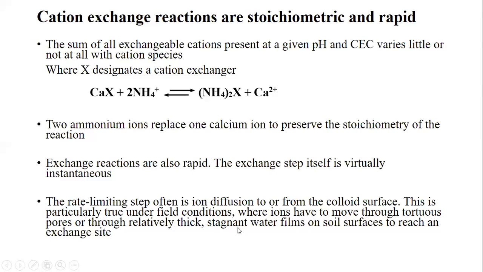Stagnant, that means they're not moving. They're there. They're attracted to the surface of the colloid. And of course, this ion that's going to the surface of the colloid has to penetrate that water, which is as a film on the soil particles. After it goes through all these tortuous paths, it also has to penetrate that stagnant, still not moving, water film until it reaches the surface of the colloid.